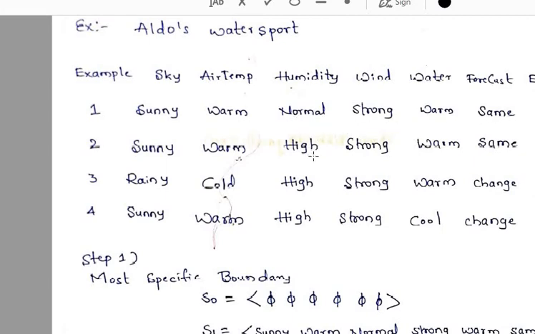But come to the second example: here the high value is classified positively. So that means there is no consistency between the data of humidity.